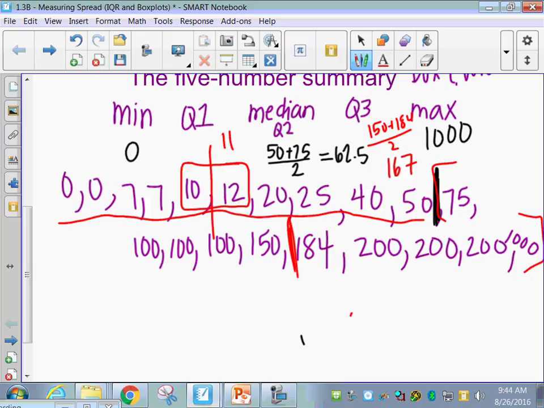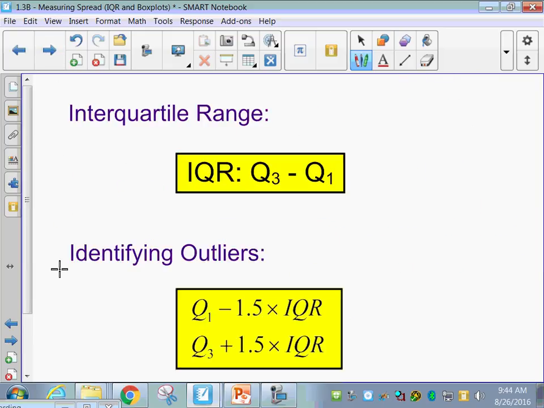We don't want to do our box and whisker quite yet, okay? A new term for you guys, if you don't know this: IQR. Do you guys know IQR? You do now. Interquartile range. This is important. We want to use IQR.